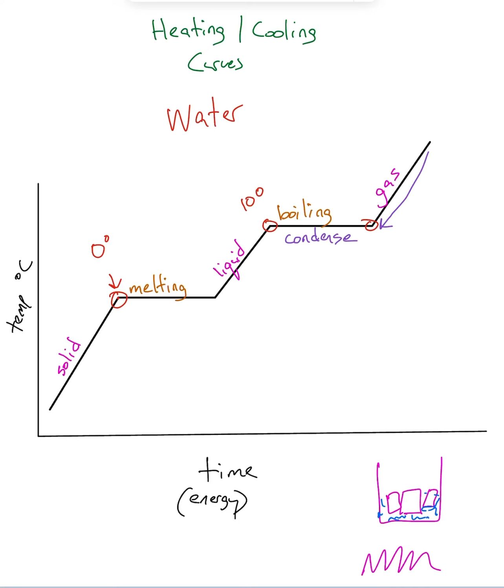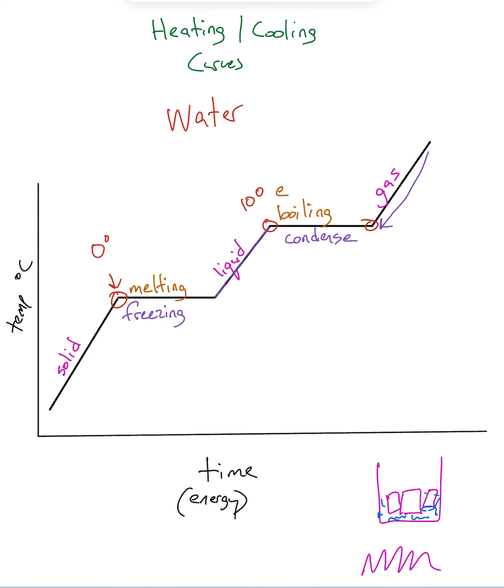So this is where it's condensing. That means turning from a gas into a liquid, and it cools off until it becomes a liquid. And then once it's a liquid, if it keeps cooling off and losing energy, then we get to this point, which is its freezing point. If it's going this way.